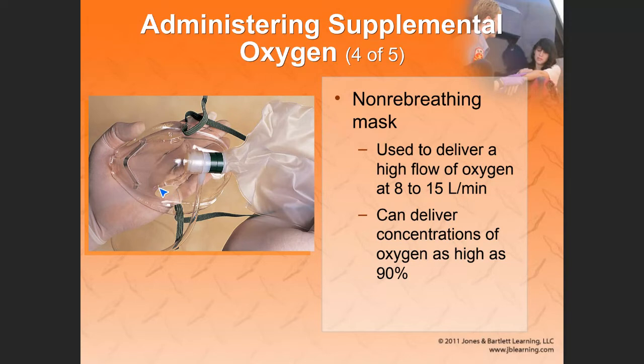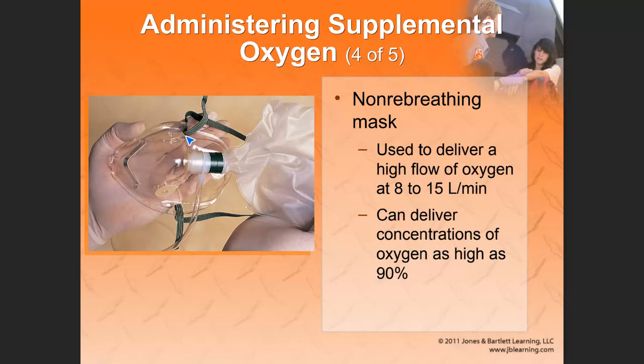If you look at this particular mask, it looks like a partial rebreather, even though the slide says non-rebreather, because it only shows one valve here, but yes, the other valve is there. It has a flutter valve here, a flutter valve on this side, and one on the inside. When the patient exhales, the flutter valve opens up.